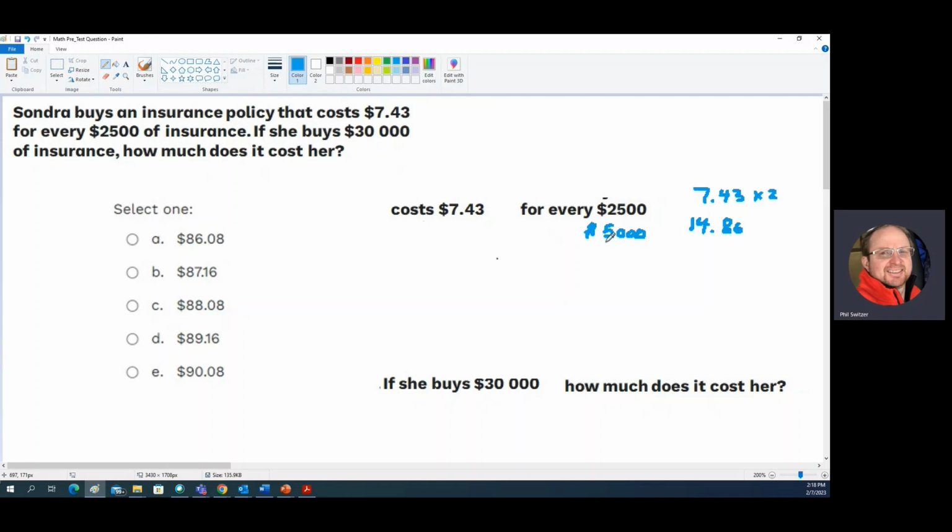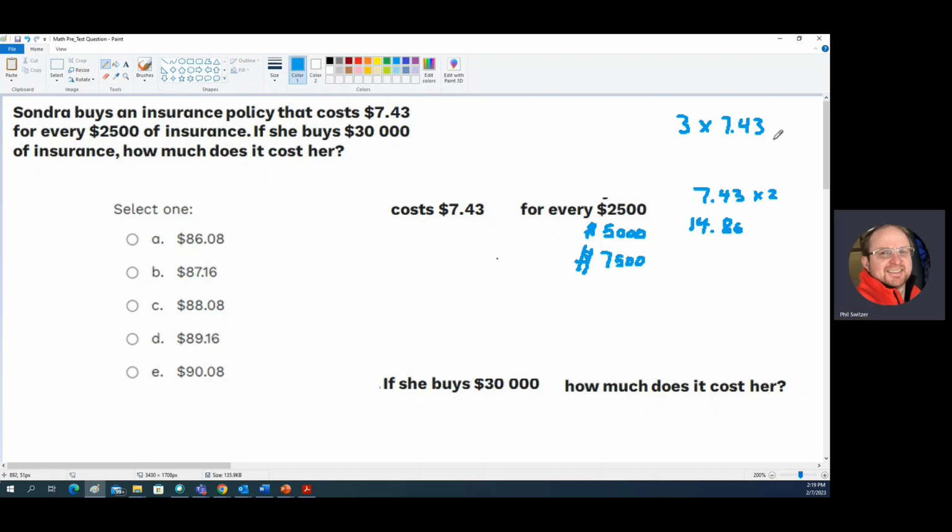Well, let's go and count by 2,500s again. If we had 3 2,500s, or $7,500 in insurance, what would that cost be? Well, we would simply go 3 times $7.43. Again, put it into your calculator. I'm going to put it into mine, but go ahead and get it before I do. And again, think about why we're doing it this way.